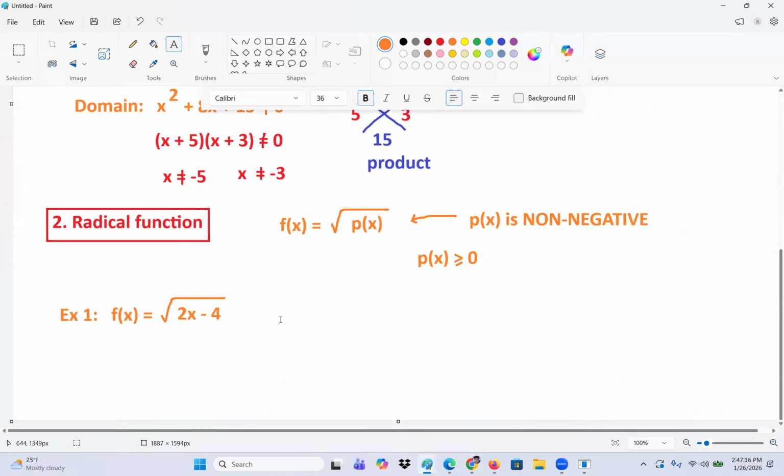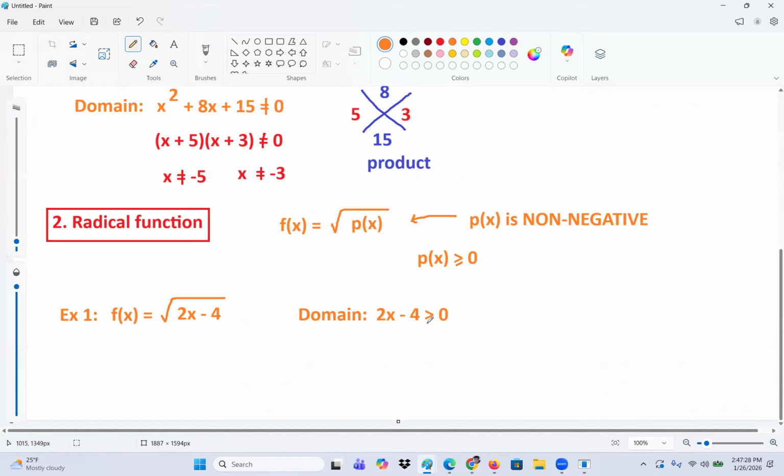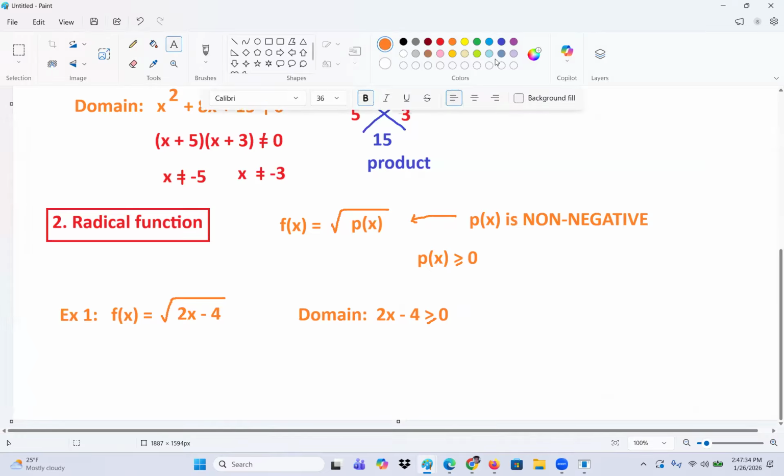So in other words, for this function, the domain requires that 2x minus 4 is greater than or equal to 0. And then we can solve for that. We can add 4 to both sides.